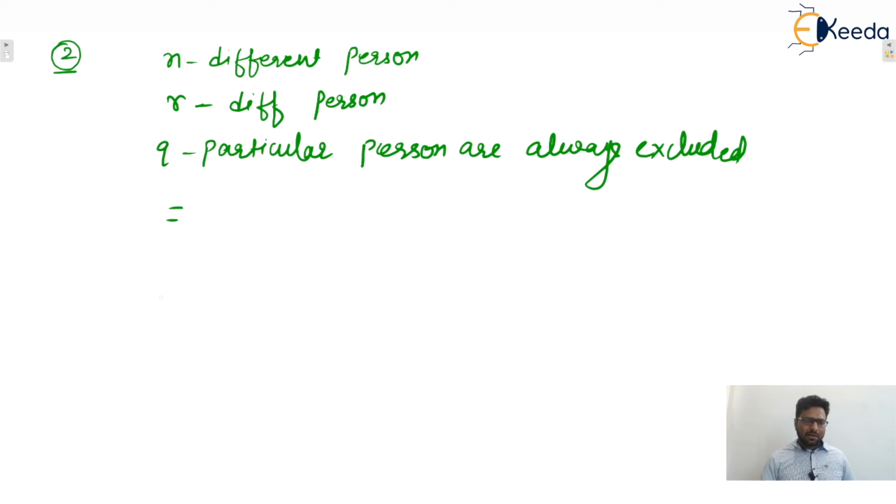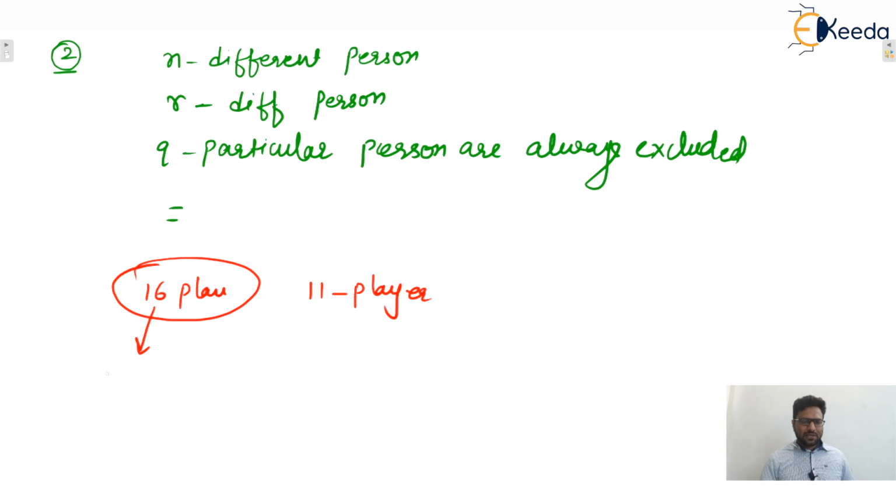Let us assume again 16 players are there and we need to select a cricket team of 11 players. Now the restriction is that any three persons, say P1, P2, P3, are always excluded, meaning these persons are not allowed in the selection.